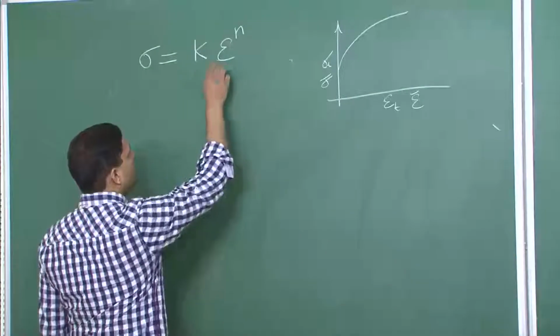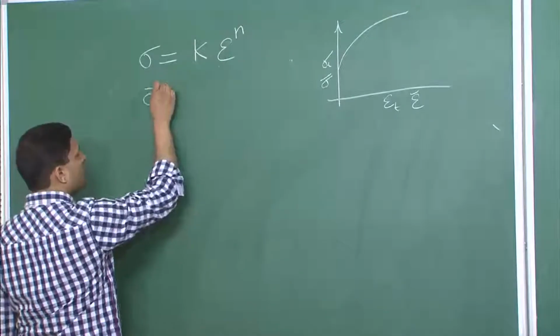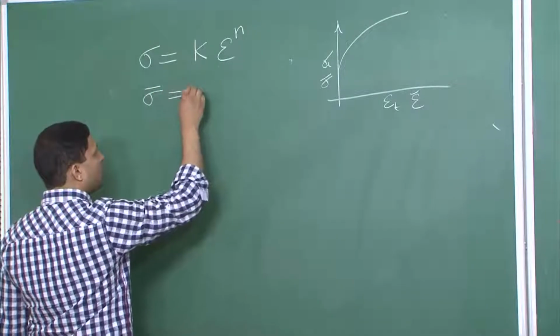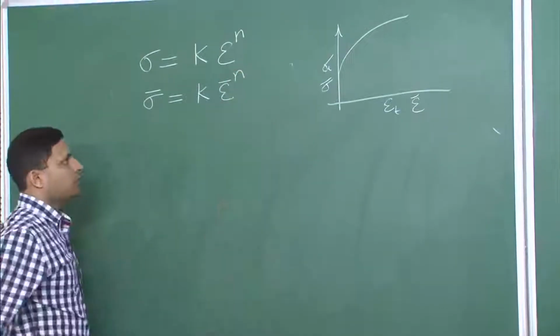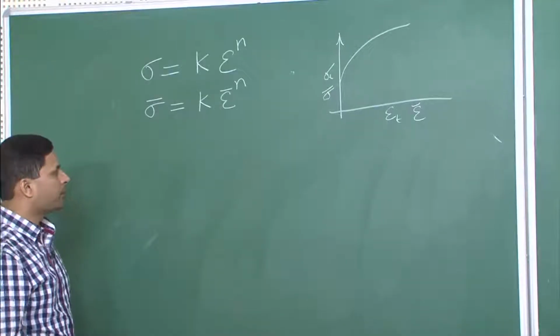Therefore, this relation can also be written as stress effective is equal to k times strain effective to the power n.